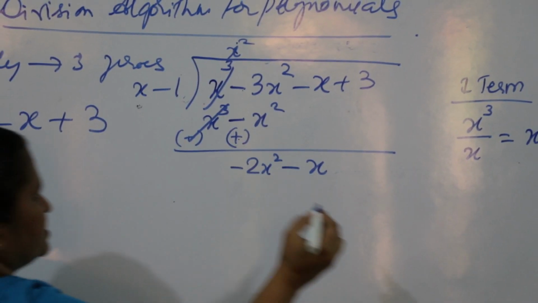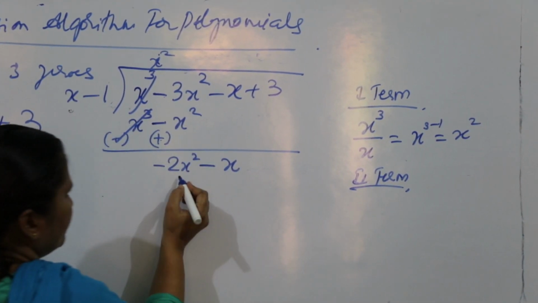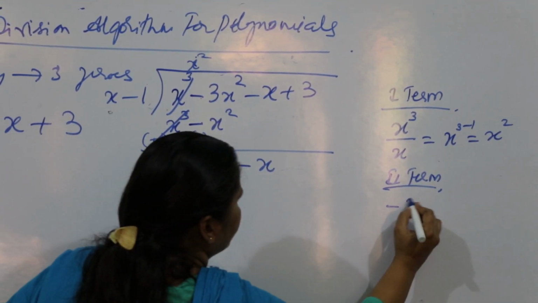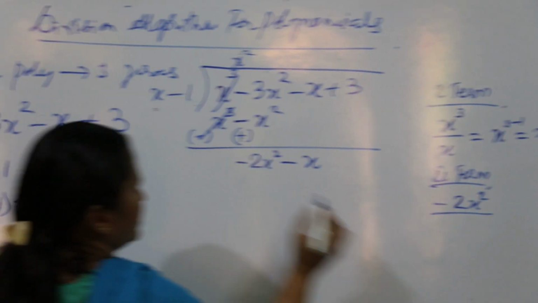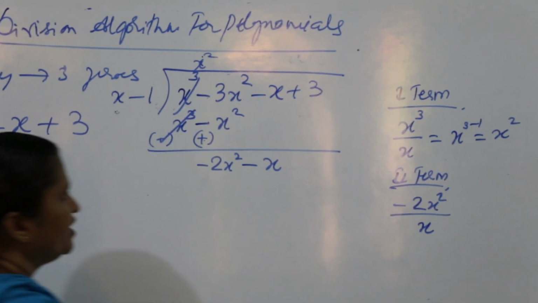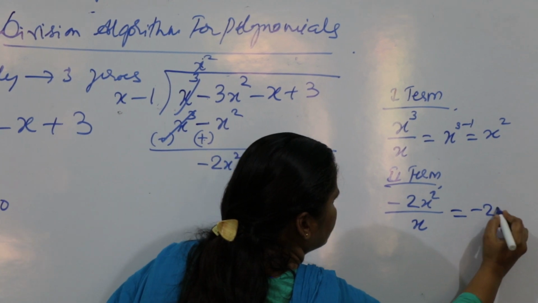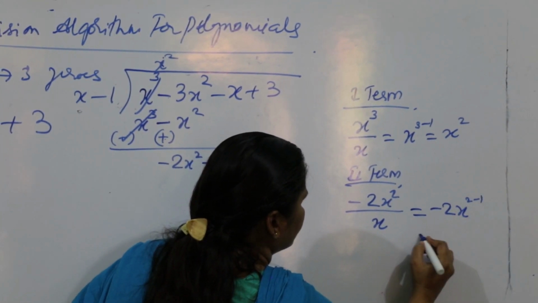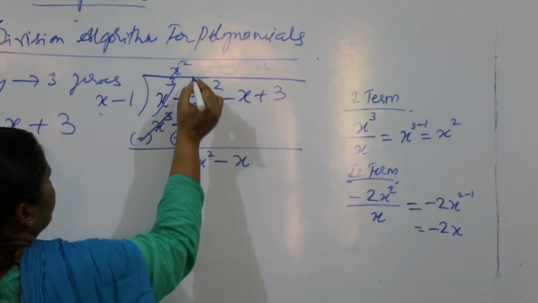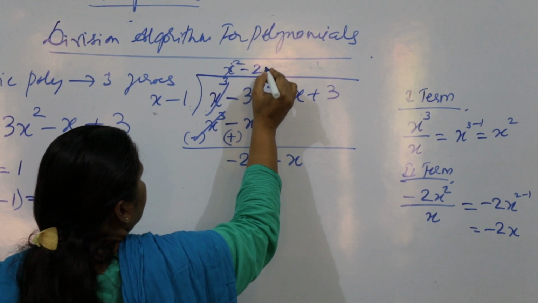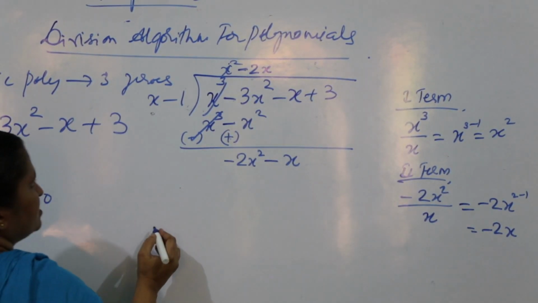Now we need the second term. We take minus 2x square and divide it again by x. So this becomes minus 2x. I am using laws of exponents here. We take minus 2x into the quotient.